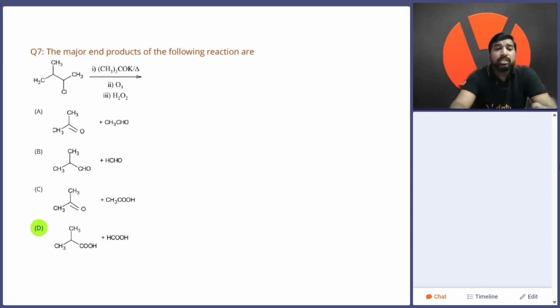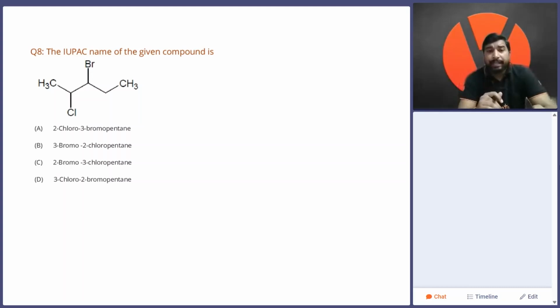Now this is question number 7. Now let's discuss question number 8. Here the IUPAC nomenclature of the given compound. We will start the numbering in the given case. That should be 1, 2, 3, 4 and 5. As we know, this is bromo, this is chloro.